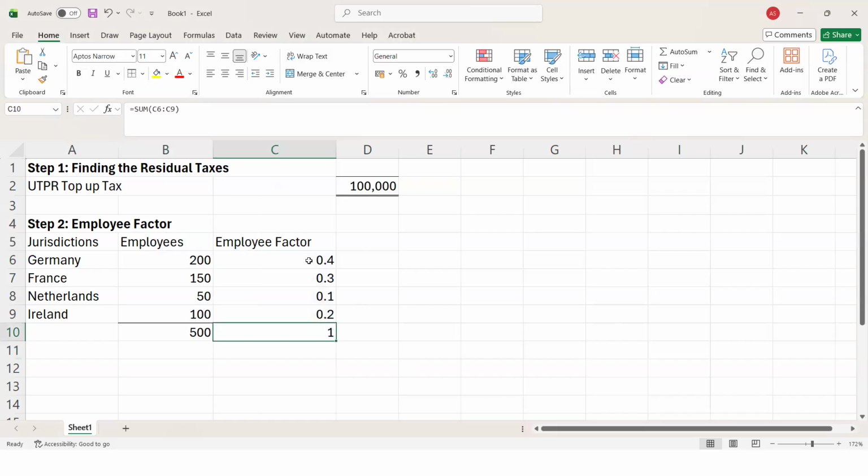I will make it into percentage terms for easy reference. This is my employee factor. Like 200 divided by 500 is 40, 150 divided by 500 is 30. So you find the employee factor for each jurisdiction. This is step number 2.